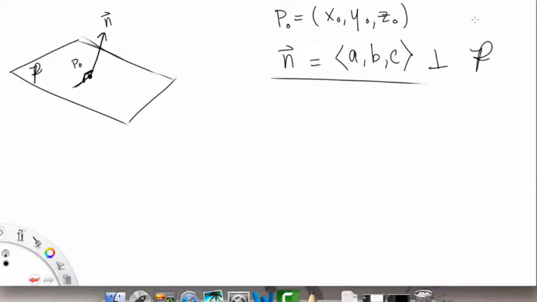All right, so from this, we can conclude that, let's say we have a random point Q, which could have any coordinates x, y, z, and that's not an arrow bracket.